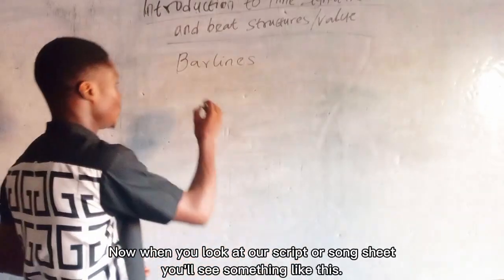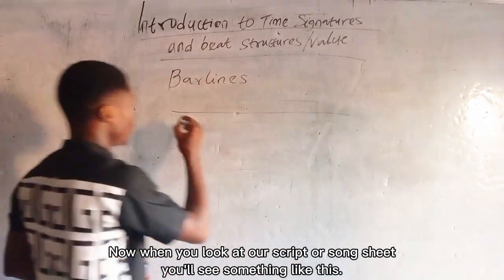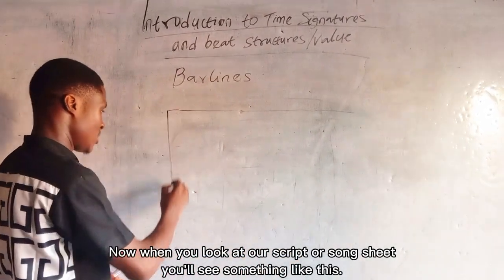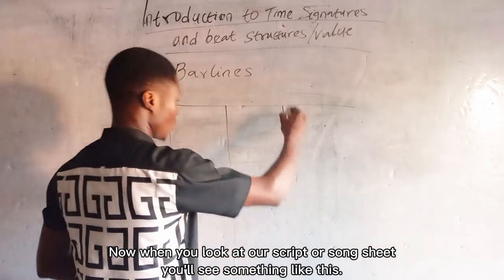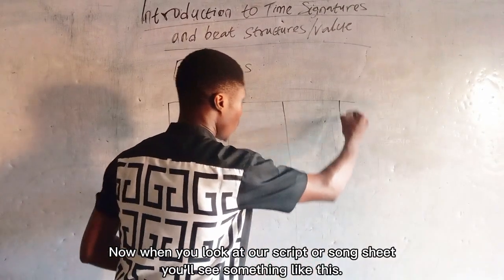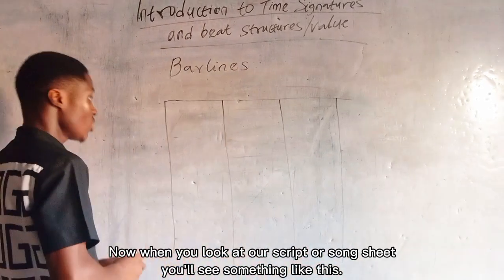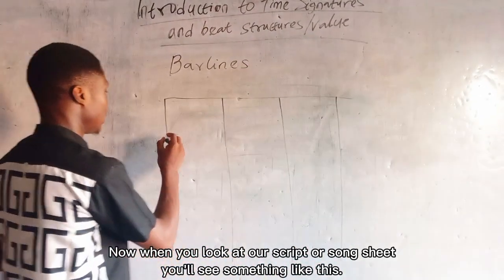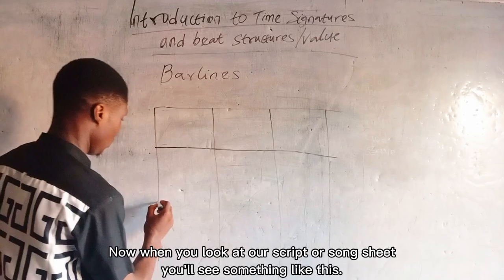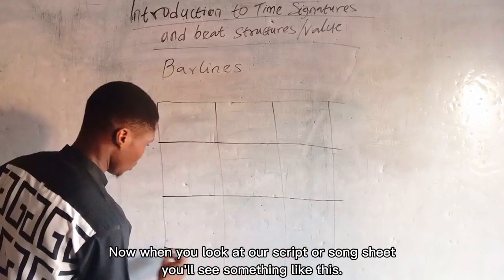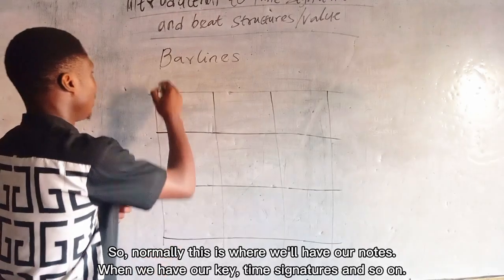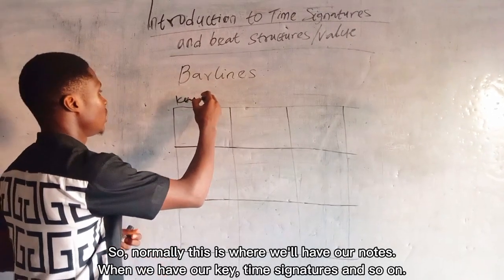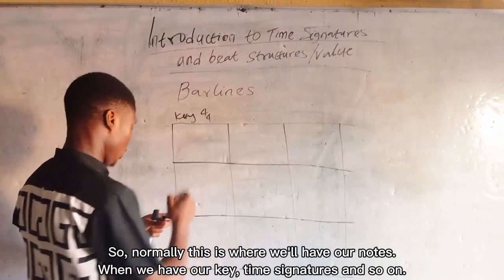Now, when we look at our script, the song sheet, we see something like this. So normally this is where we have our notes, we have our key, our time signature and so on.